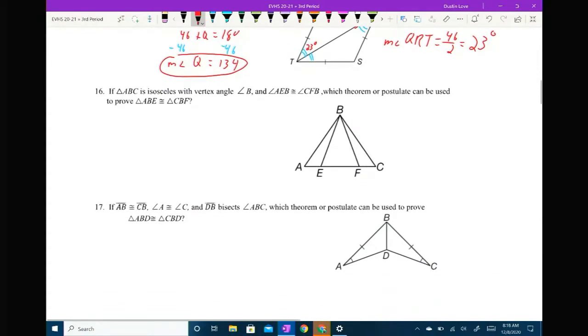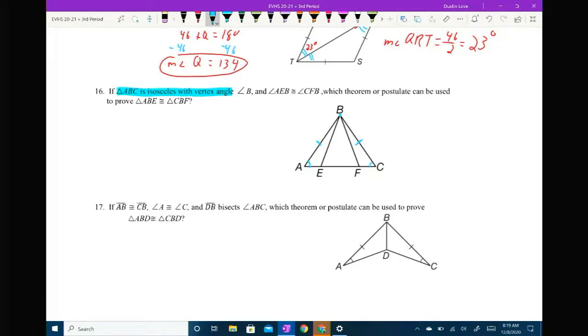Okay, number 16. If triangle ABC is isosceles with vertex angle B. Now let's go ahead and dissect that. ABC is isosceles with vertex angle B. What that means is B is the vertex, so A and C are the base angles, so those two have to be congruent. Also, the 2 legs, AB and BC, have to be congruent. Okay.